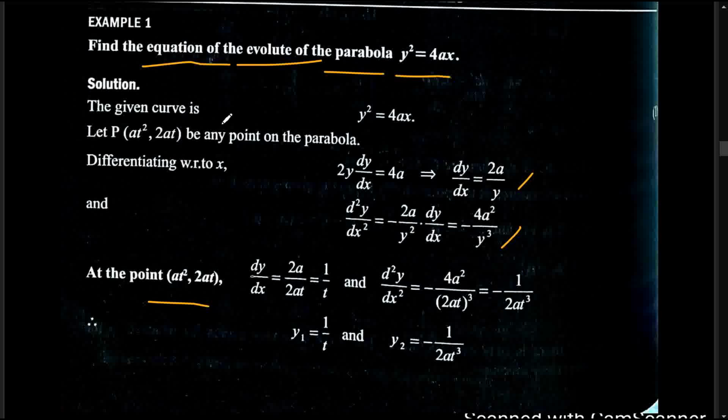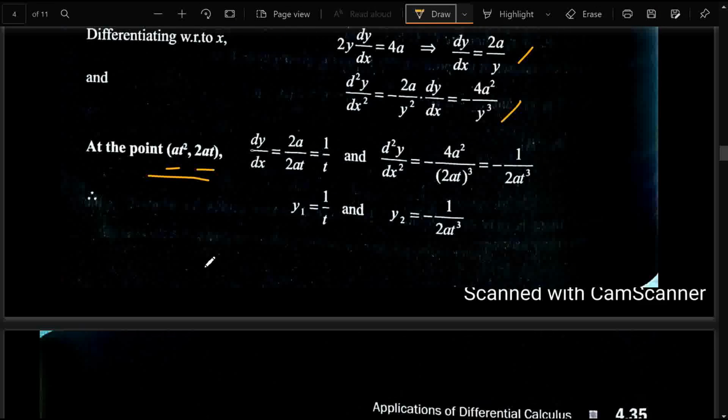Now take a point. They didn't give any particular point, so we use the parametric points, the general points, of which many are available. Let us take (at², 2at). If you put it in this equation, it will satisfy. So take a parametric point and substitute it in y1 and y2, and you get y1 and y2 in parametric form.